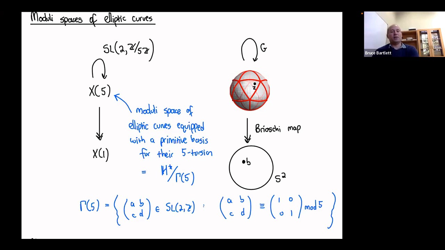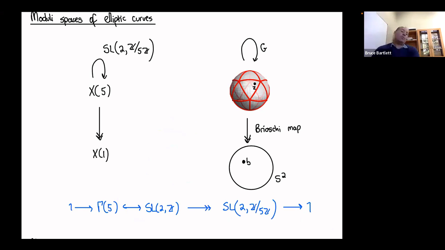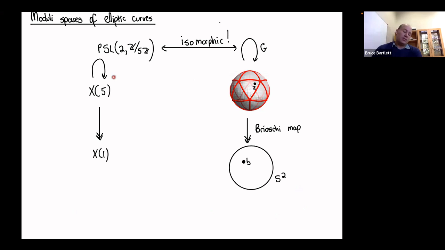So we have this exact sequence where you've got the projection map, the projection mod 5, to get you down to SL2 with coefficients in the finite field of 5 elements. And then we've got the inclusion of this principal congruence subgroup into SL2Z. Right? So this here is a Riemann surface. This here is a Riemann surface.